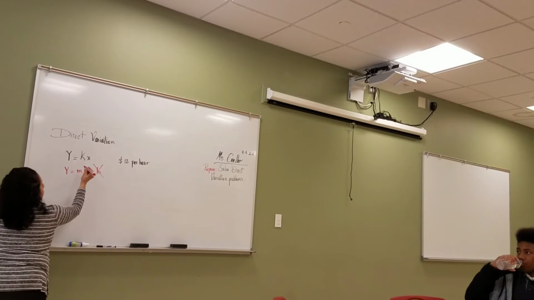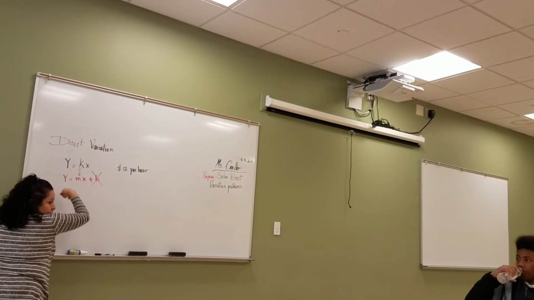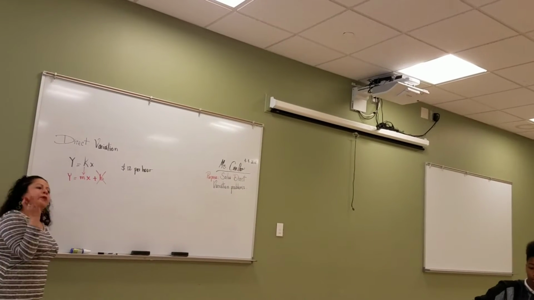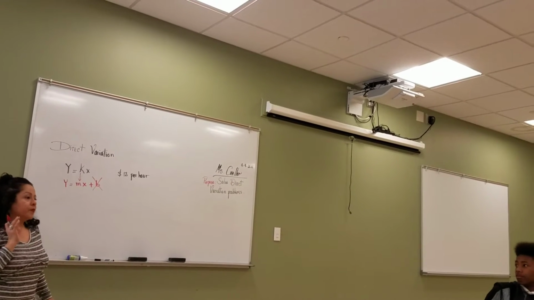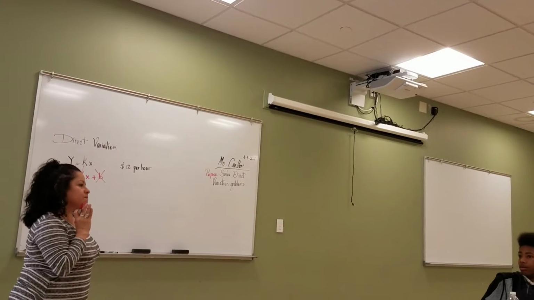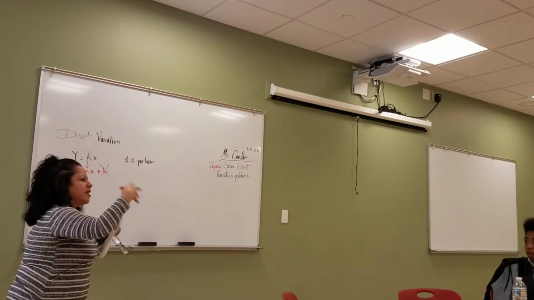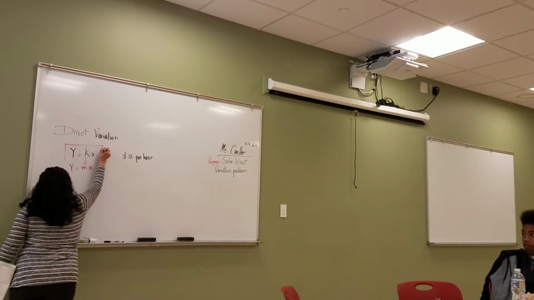It's only the k, which is the way it's increasing or the way it's decreasing. Okay? So, in the line equation, do you remember what the m stands for? Slope. Yes. Rate of change, how things are changing. Very good.